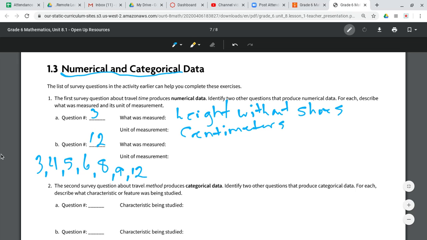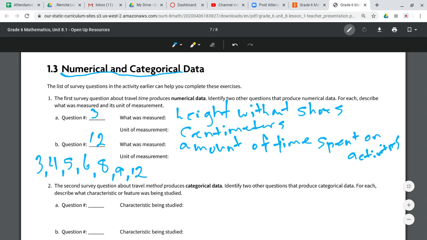All right, for question 12, so remember question 12 said, estimate how much time per week you usually spend on each of these activities. Answer to the nearest quarter of an hour. So it's looking for amount of time on activities.